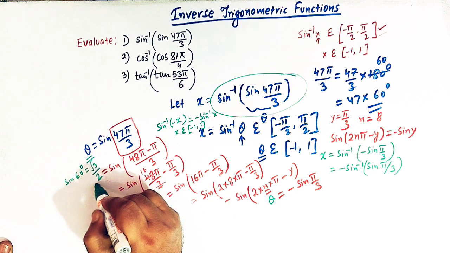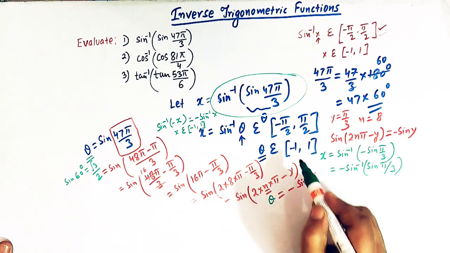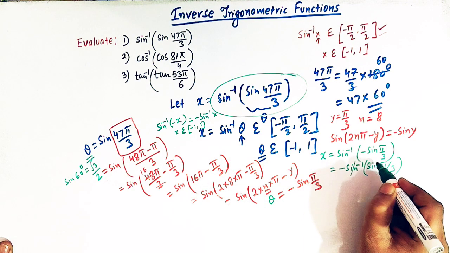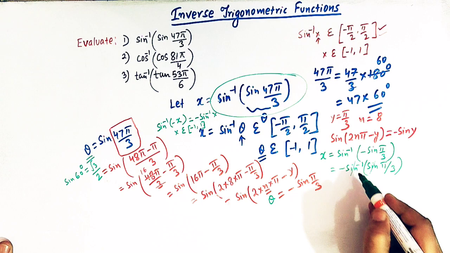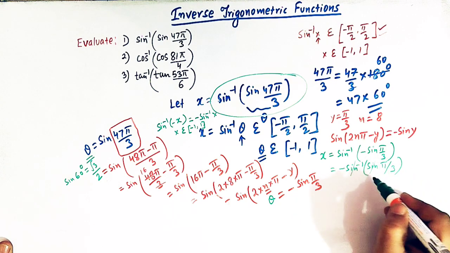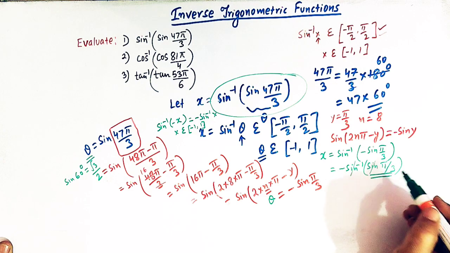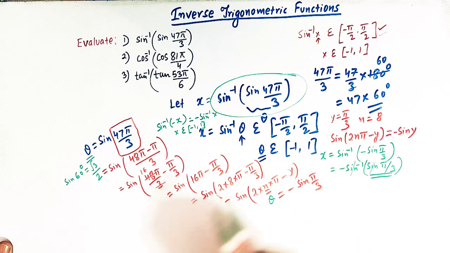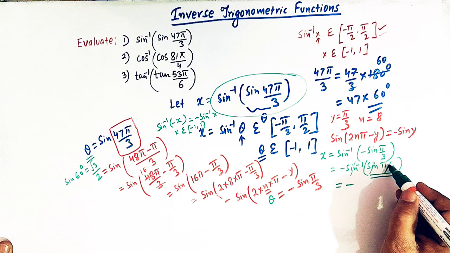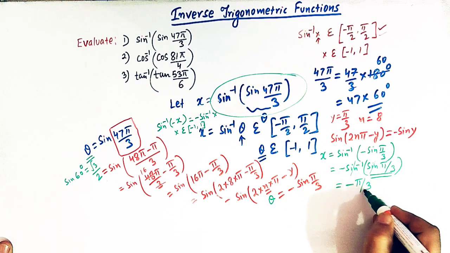This value obviously lies between minus 1 and 1. So we can cancel out sine inverse and sine, because sine pi by 3 lies between minus 1 and 1. Now we have minus pi over 3.